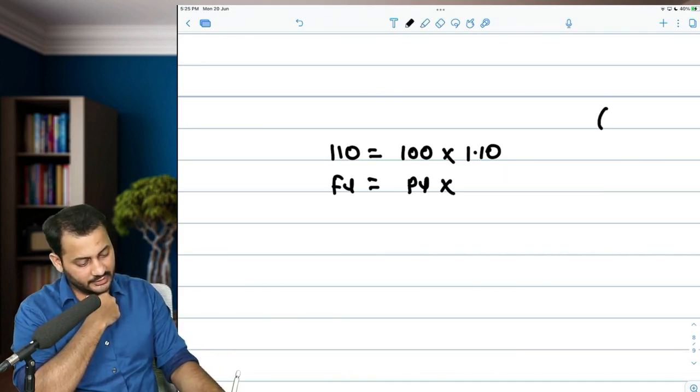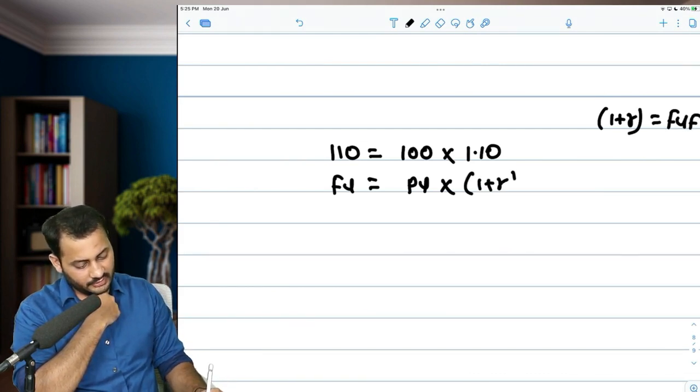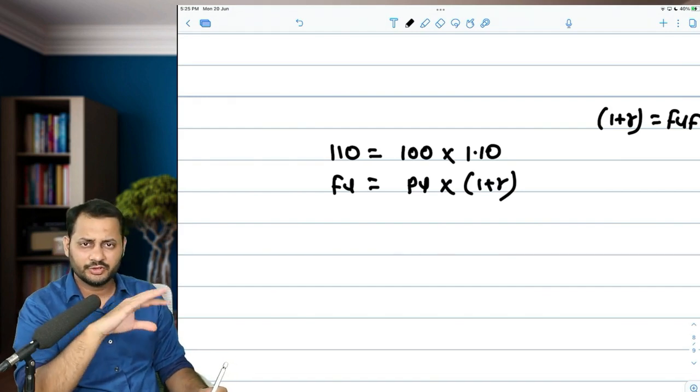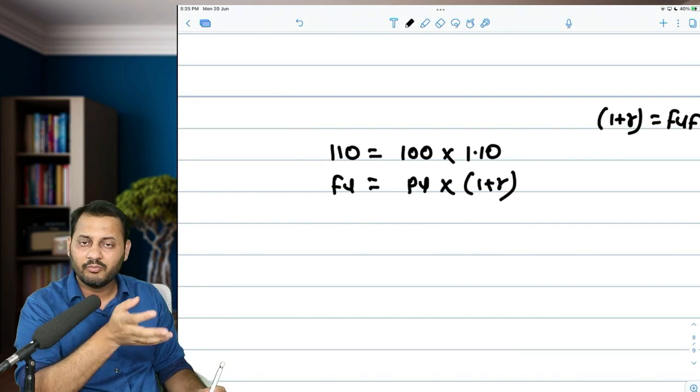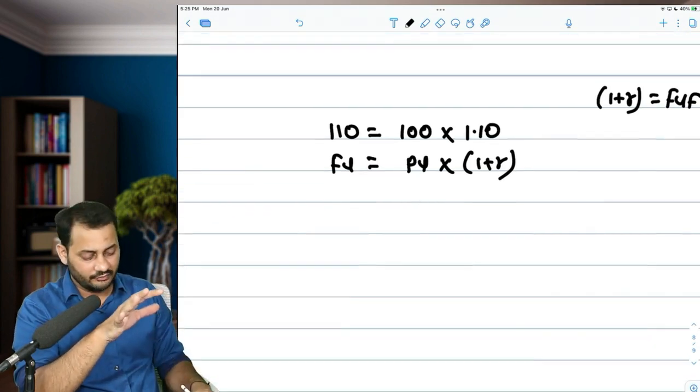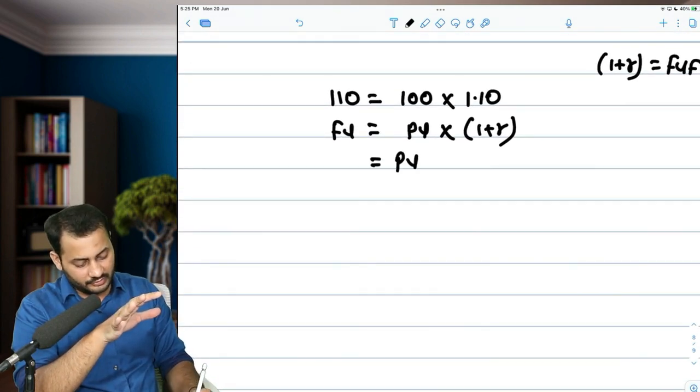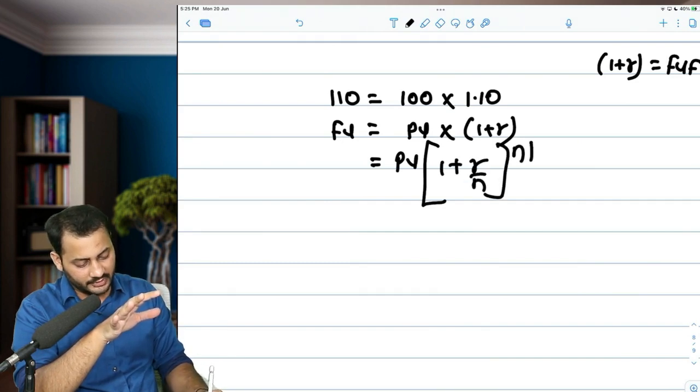So I will just write it down here. 1 plus r is nothing but the future value factor. It was a pretty simple question, no compounding, no number of years and all that. But if you include the compounding and number of years, then we have to change the formula to this: (1 plus r divided by n) to the power nt.